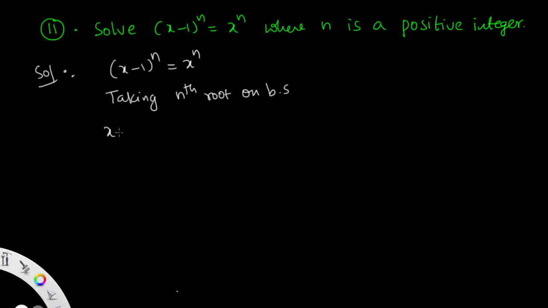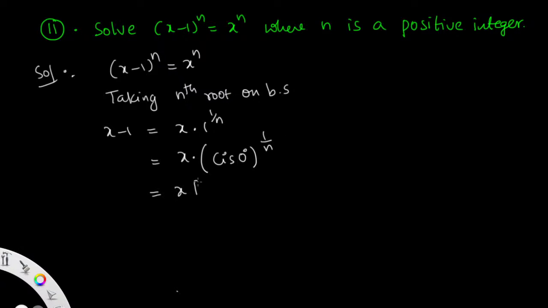So x minus 1 equal to x into 1. For convenience, I am writing 1 as 1 to the power of 1 by n. In terms of cis form, the nth roots of unity means cis 0 whole to the power of 1 by n.